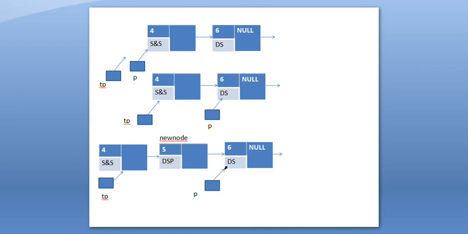After that, what we need to do now, here this link is not connected. So how would you get this link? This link could be created with the help of TP, because TP of next was pointing earlier to this node. TP of next was pointing to here. What you need now is this link has to be broken and it has to be connected here. So that's what is done in this third figure.